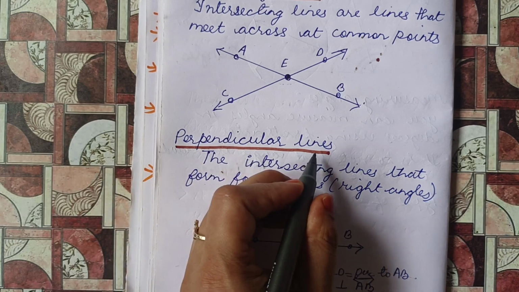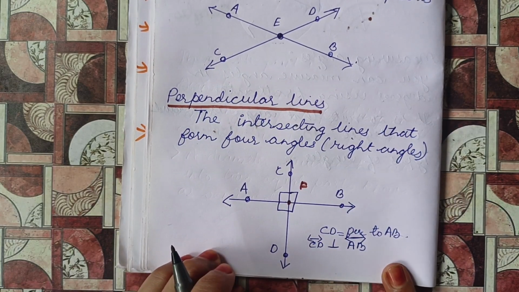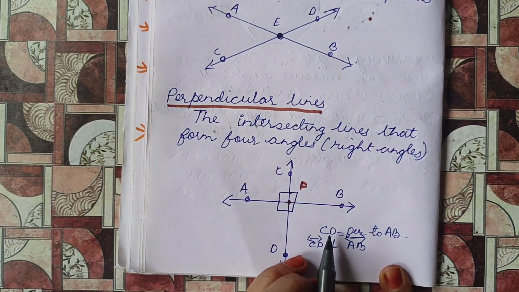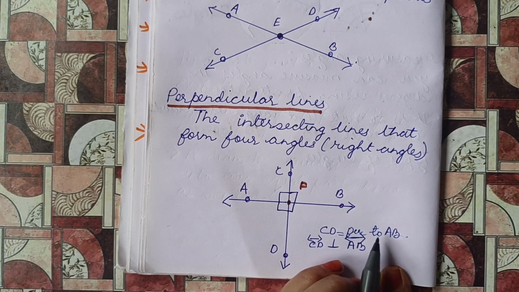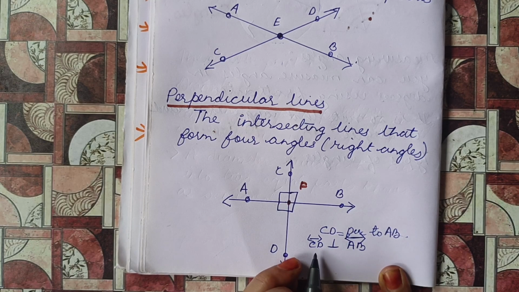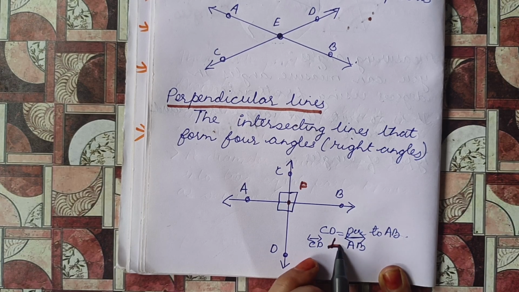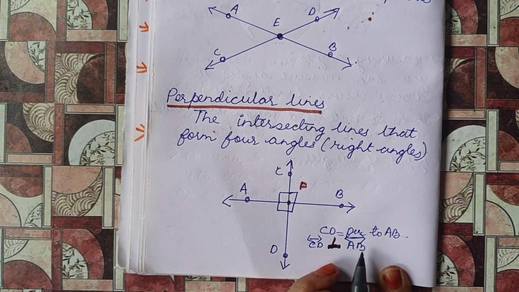So it is known as a perpendicular line. Now we will write this as CD is perpendicular to AB. You can also write it as line CD is perpendicular, this is the sign of perpendicular, to line AB.